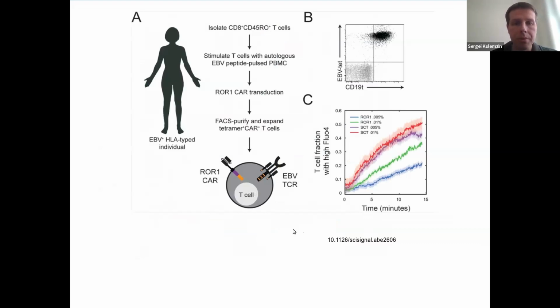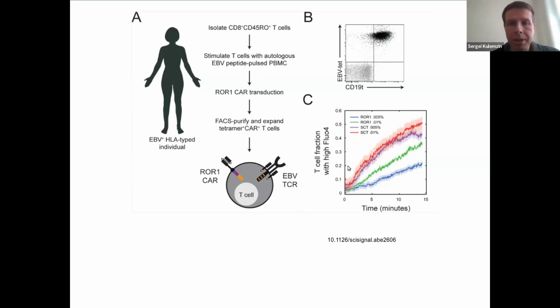There is another interesting paper where they were able to produce T cells that express both an EBV-specific TCR and a ROR1-specific CAR. And then they manufactured synthetic particles that were covered with the corresponding ligands for the chimeric antigen receptor and the TCR. And then they were able to titrate the efficacy of signaling, determined by calcium flux, depending on the density of these antigens.